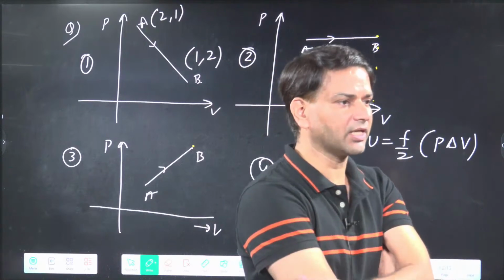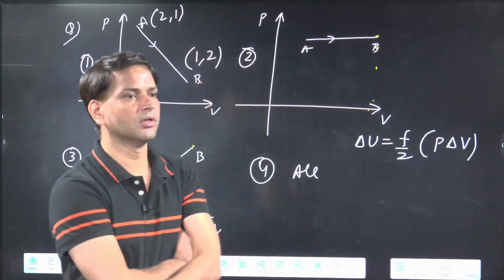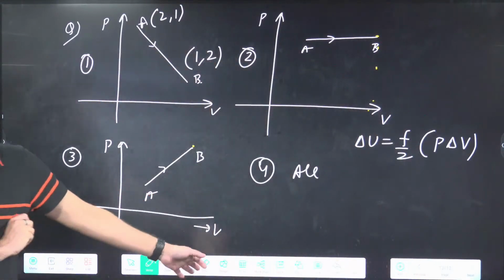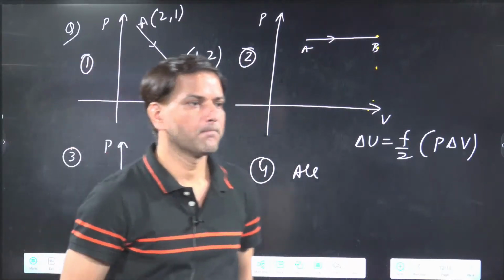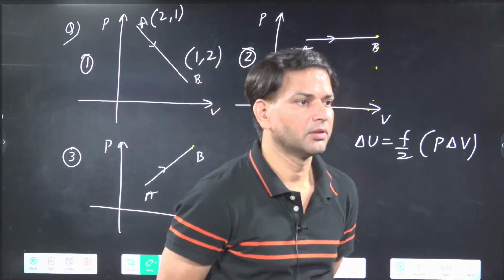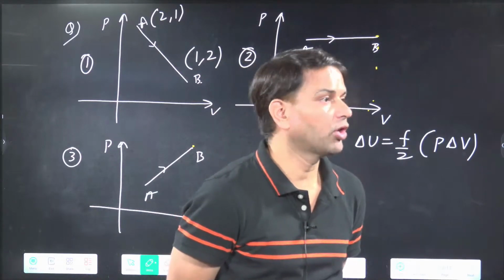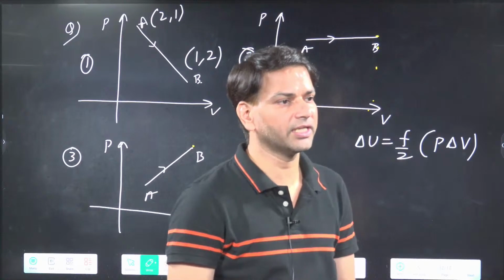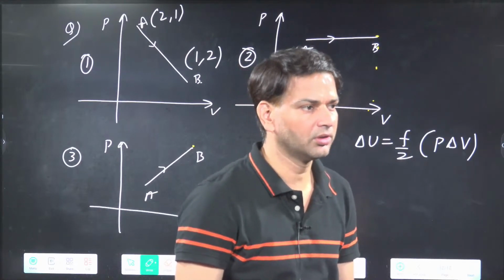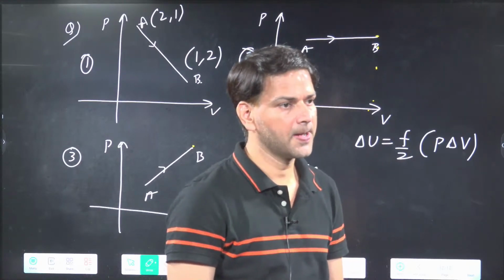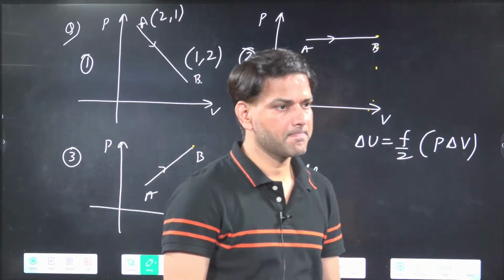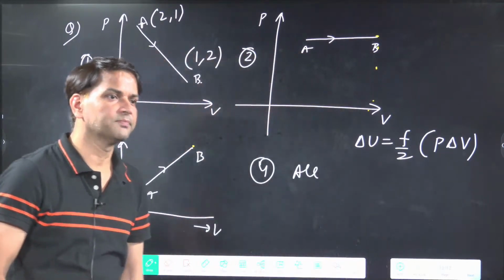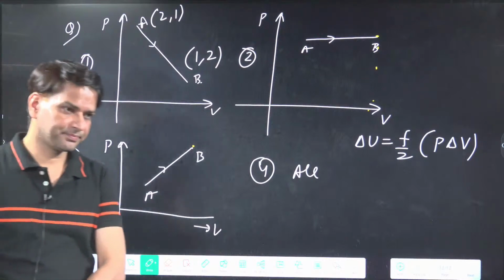I thought I would take the class, but it is not required now. So you have to do up to this only. The question I said: in which process you may get change in internal energy zero. Okay then, bye bye.